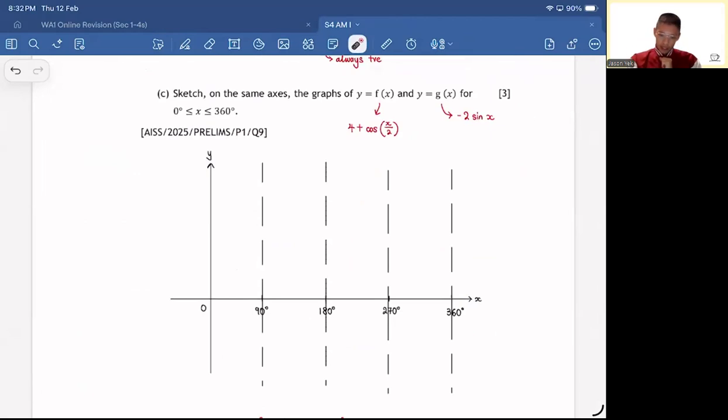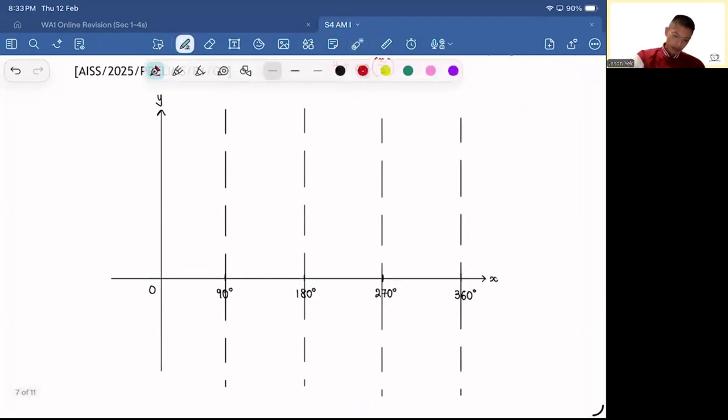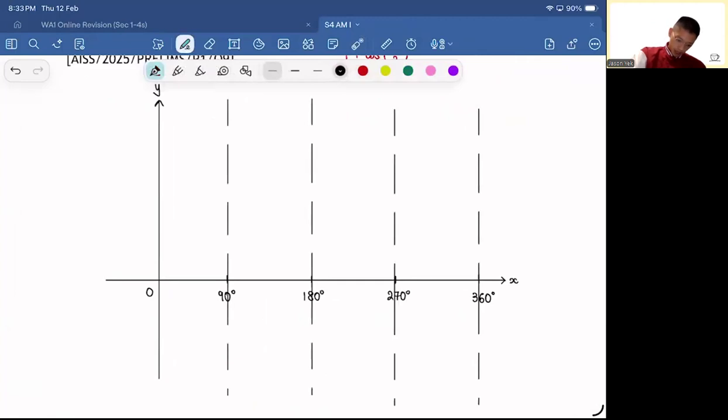So for g(x), I'm sketching -2 sine x. Of course, I have to trace the maximum and minimum points of the graph first. So my maximum is 2 and my minimum is -2. I first take note of what -2 sine x is.